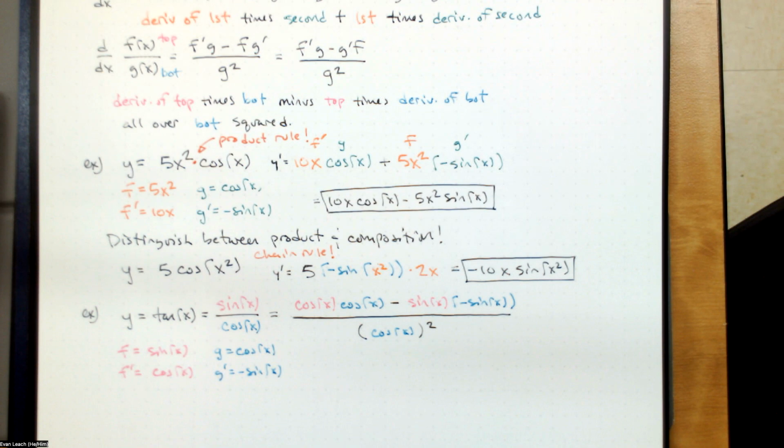Here it is, just putting things into the five spots in the quotient rule. The top times the bottom minus the top times the derivative of the bottom, all over the bottom squared.